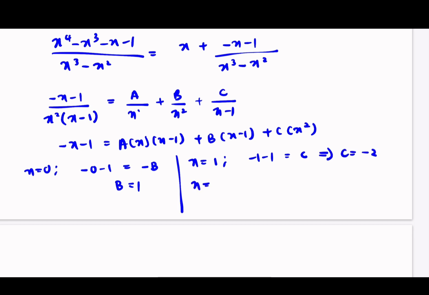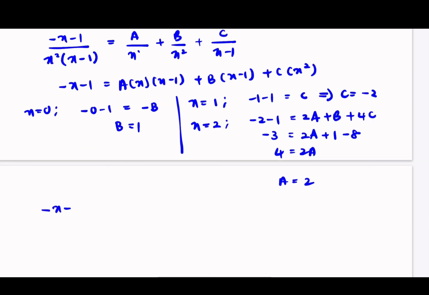So, bila X sama dengan 2, so we got negative 2 minus 1. We got 2A plus B plus 4C. So, substitutekan nilai: 2A plus 1 minus 8. So, 4 is equals to 2A and A is equals to 2.